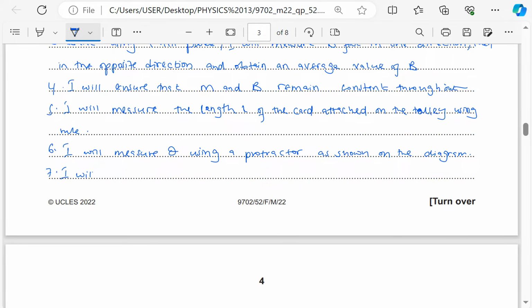I will then release the trolley and record the time it takes to pass point X from the timer.